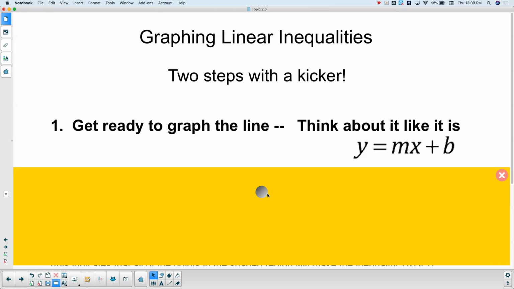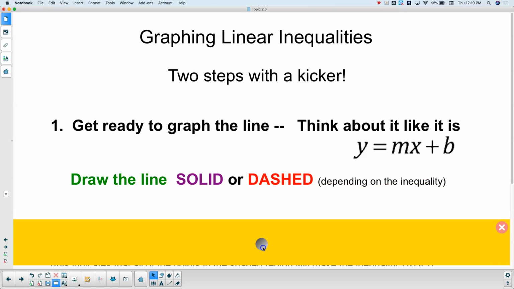Okay? The kicker is this next part. Before we go and draw it on our graph, we have to answer one extremely important question. And that question is we are going to draw it in either a solid line or a dashed line. And that is going to depend back on our original inequality.